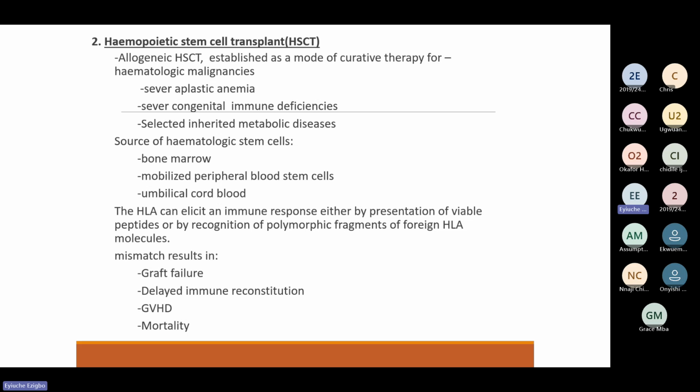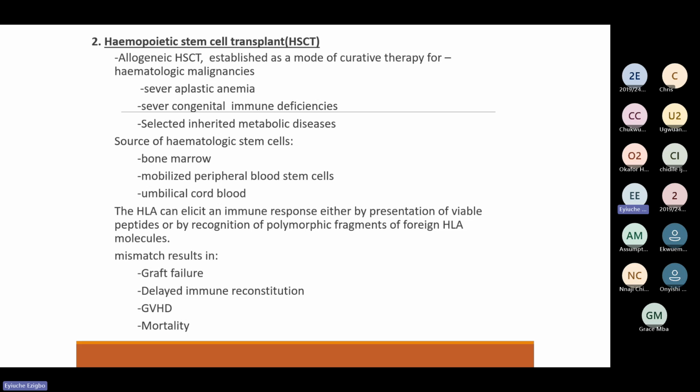So in hemopoietic stem cell transplantation, we have allogeneic HSCT established as a mode of curative therapy for hematologic disorders such as severe aplastic anemia, severe congenital immune deficiency, and selected inherited metabolic diseases, okay.